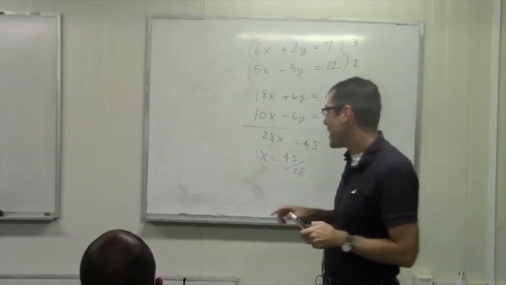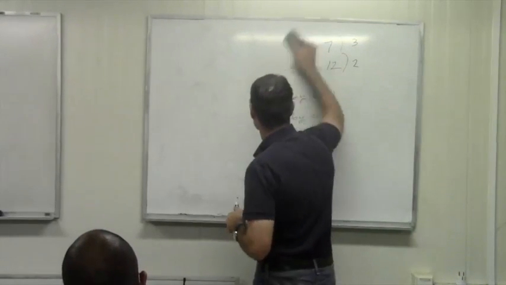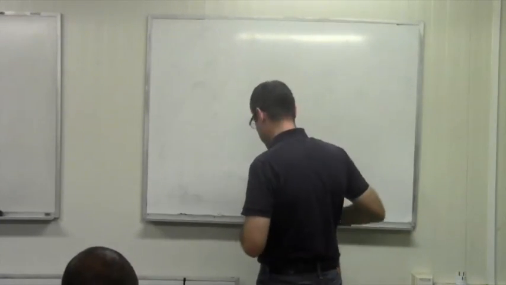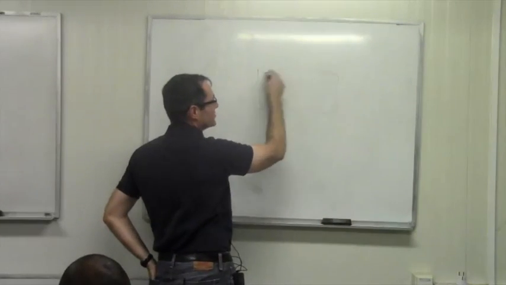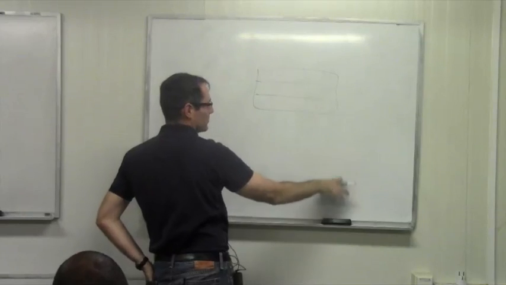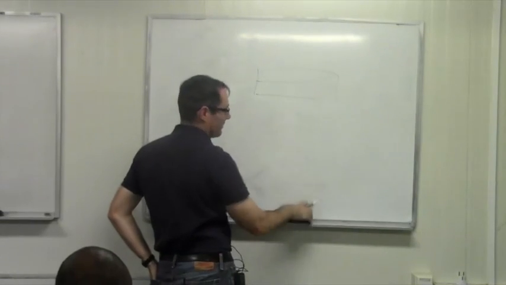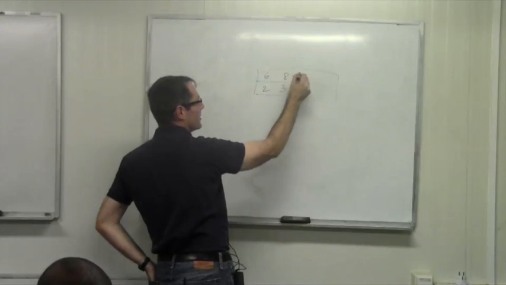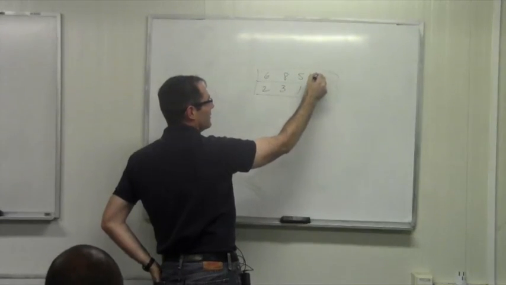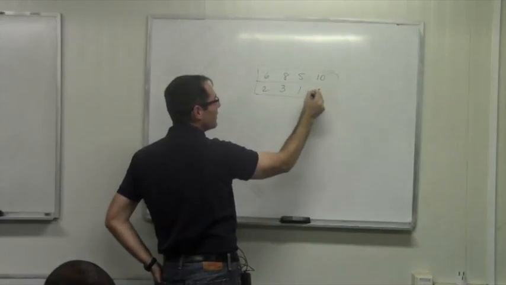If you're going to do a scatter plot, and that gives you a bunch of values in a chart, like 6 and 2, and 8 and 3, and 5 and 1, and 10 and 4.